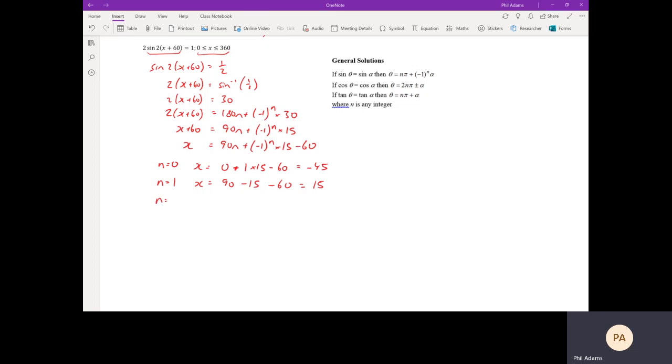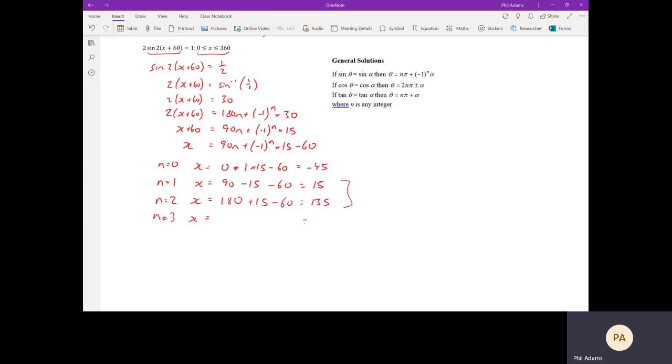We just go through and try each n value. Now n equals 2 gives 180, and negative 1 to the power of 2 is 1, so that's plus 15 minus 60, which is 135. We keep going through, and we should know how many answers we're going to get. Remember, the frequency here is 2, so we should get 4 answers. Right now we've got 2. You could keep using the general formula, or you should know that they repeat every 180 degrees because that's the period.